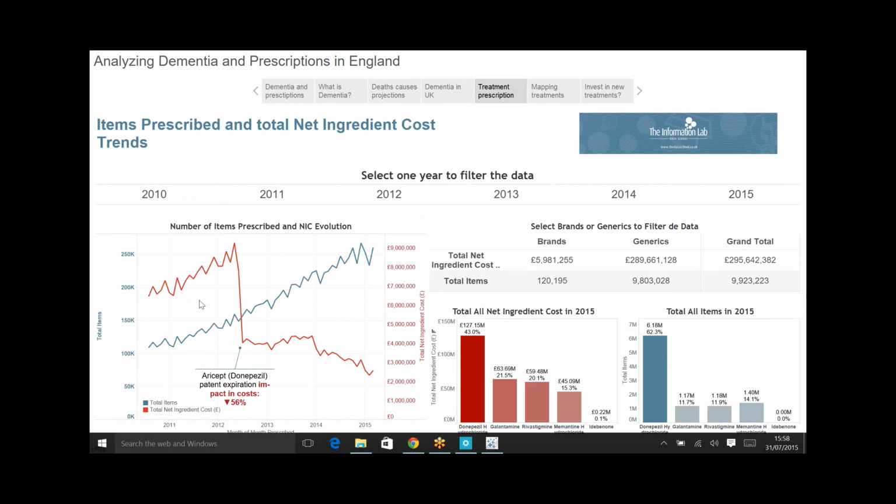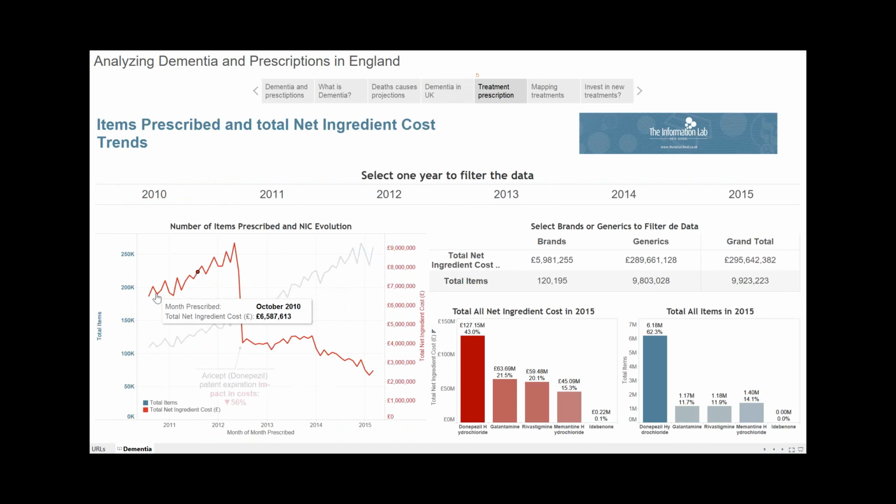But the total net ingredient cost increased until, more or less, the middle of 2012, and then it goes down very, very fast. The reason for this is that one of the main drugs, Aricept, expires its patent, and this means that some generics arrive on the market, and it causes a decrease of 56% in total costs.